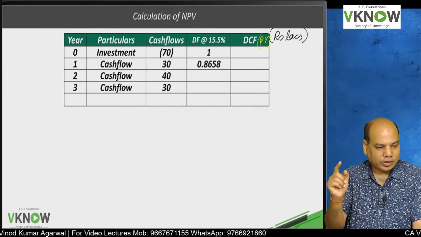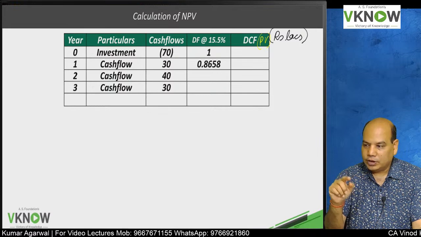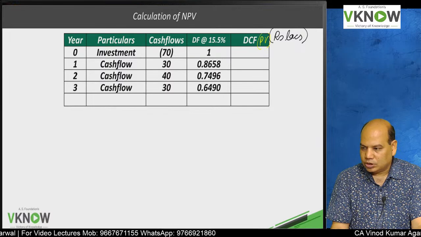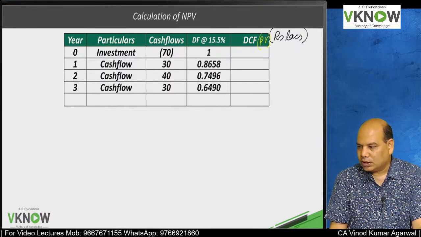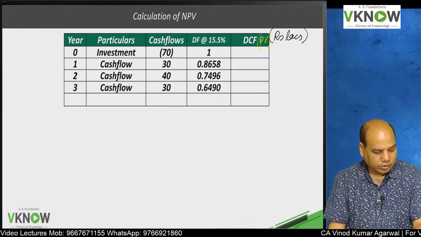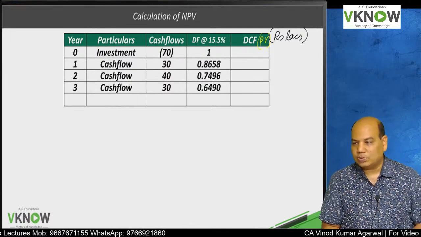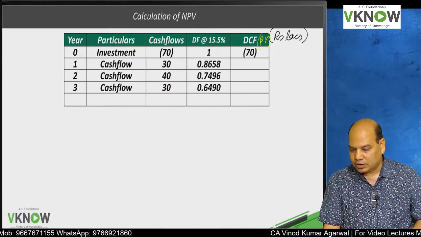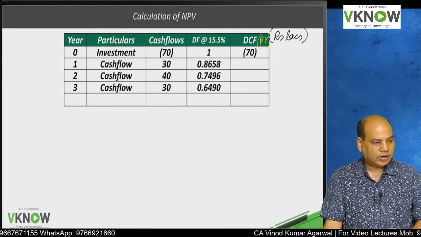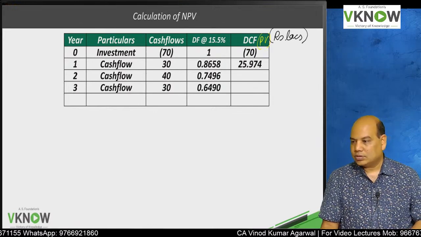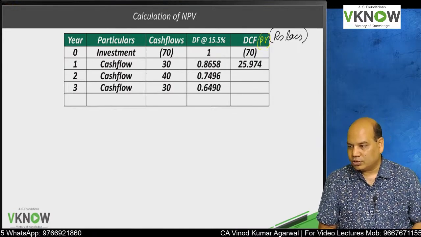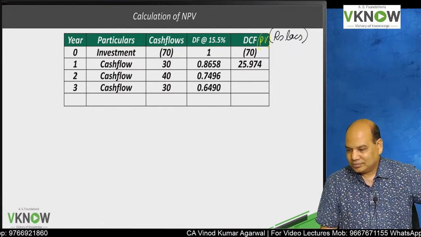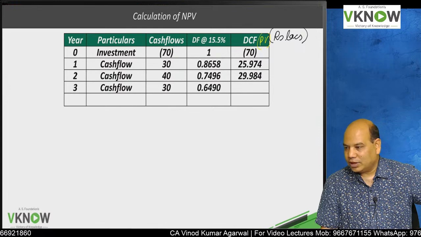Take on your calculator 1 divided by 1.155, factor equal to. Now you can multiply and take the total. Please reply. First one 70, second one, yes, 25.974, very good. Third one, next one, come on, 29.984, very good.